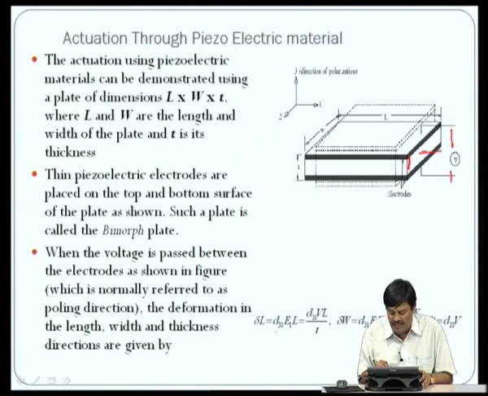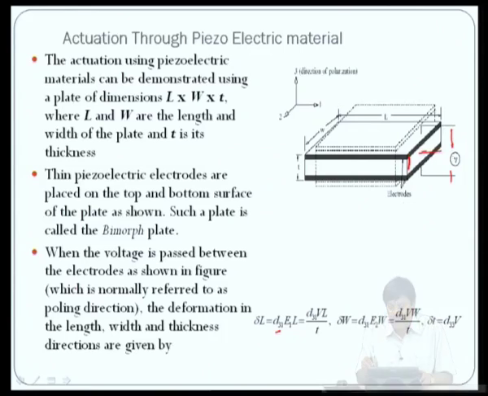That is why we have D31, and E1 is the electric field and L is the length. So, D31 V L by T is the strain in the length direction, D31 V W by T in the width direction, and in the direction of poling it is D33 into V.